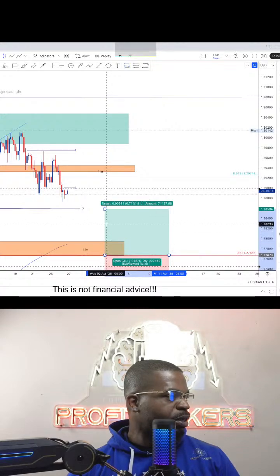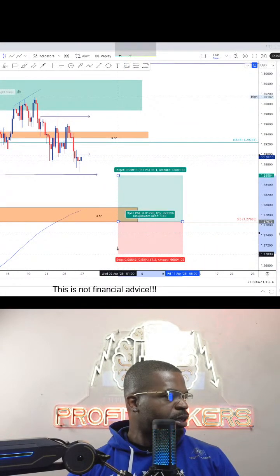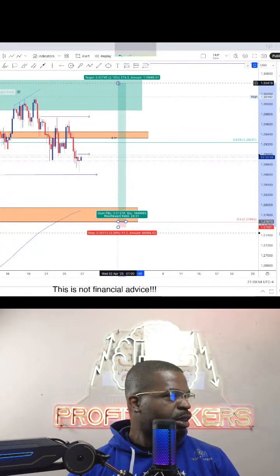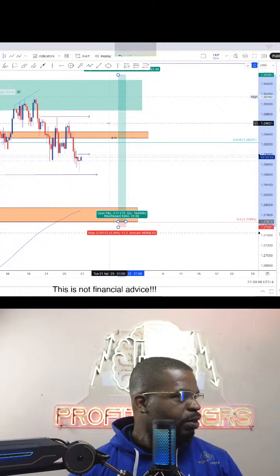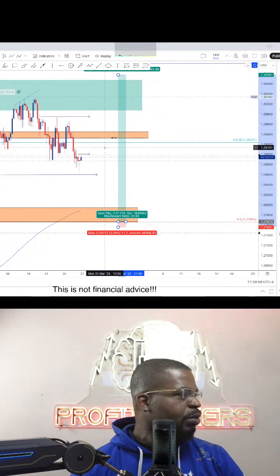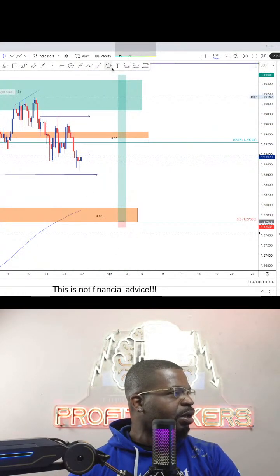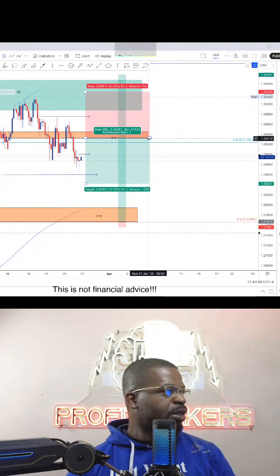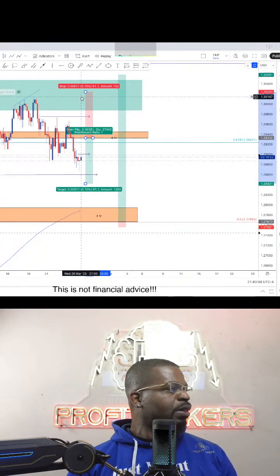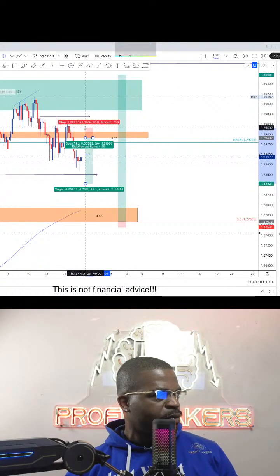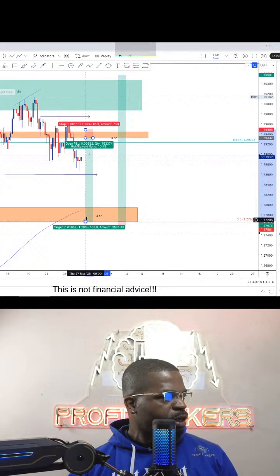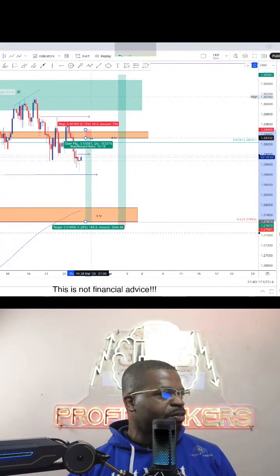We're gonna buy from here. Now, as far as this sale, like I said, we're looking to enter right above that 618, and we're going to take it to retest to 50.